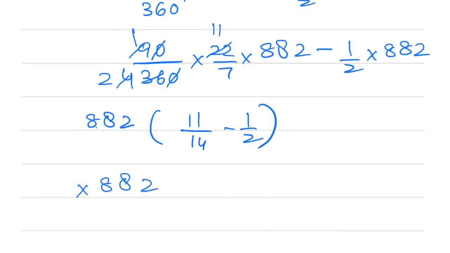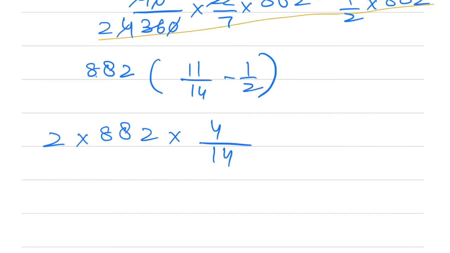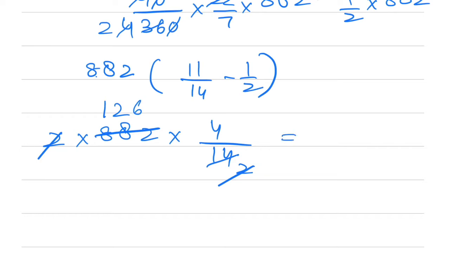This will be the area of 2 segments I need, so I'll write down 2 into 882 into LCM, we have 14 and 11 minus 7, so 4 by 14. So this is 7 2 times 7, 1, 2 times 14 and 6, so we have 504 meter square.